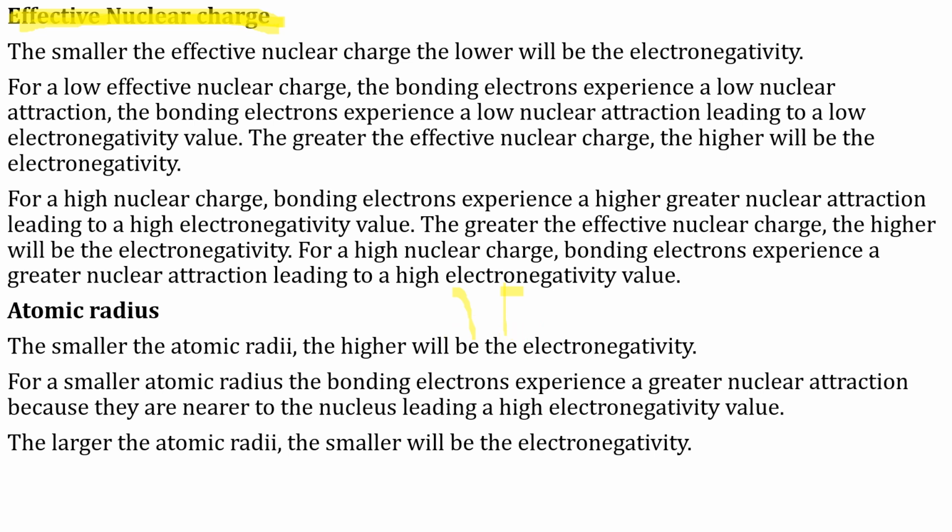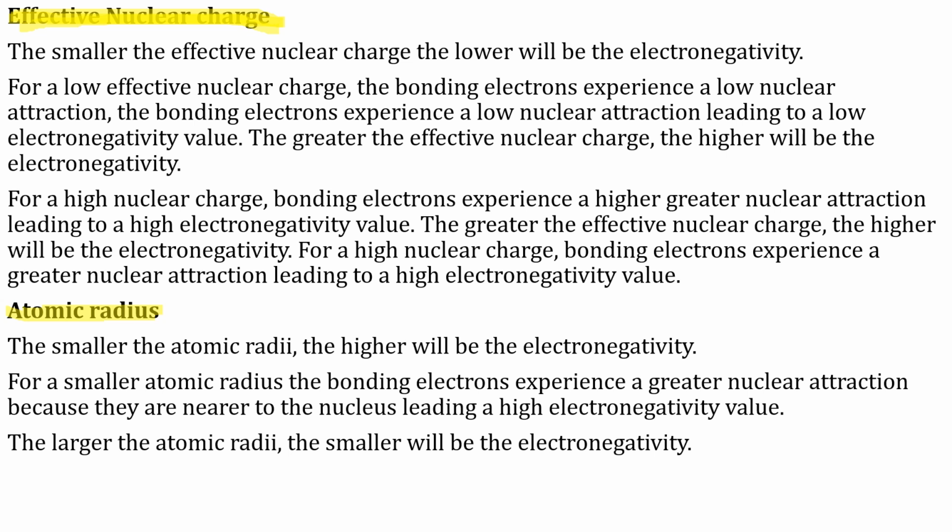So proceeding, if effective nuclear charge is high, bonding electrons experience a stronger nuclear attraction by the atom in the covalent bonding situation. Thus, electronegativity is going to be high. We shall proceed to the next factor, which is atomic radius. Now this one is clear. Electronegativity is about pulling bonding electrons towards the atom. That means for electronegativity to be high, we need a smaller atomic radius, and if electronegativity is low, it means a bigger atomic radius.